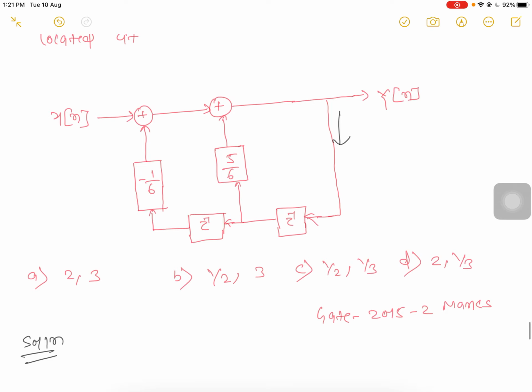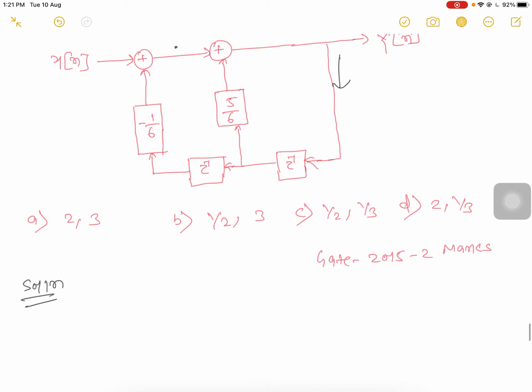So we can check from here how much we are getting. Here we are getting x[n], and minus y[n minus 1] and y[n minus 2] into 1 by 6, minus 1 by 6, that's why minus. And here after that it is nothing but y[n].